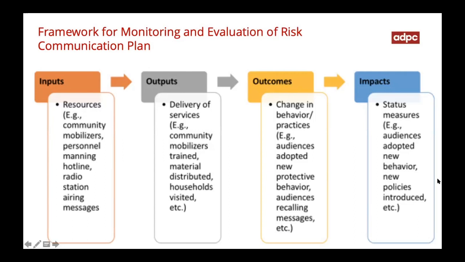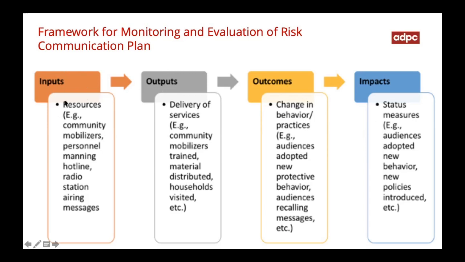Most likely, this is the impact you want to achieve. Then you work backwards. I'll just briefly explain this so that what you write are actually outcomes, not outputs, because some have the tendency to mix them up. So let's be very clear.